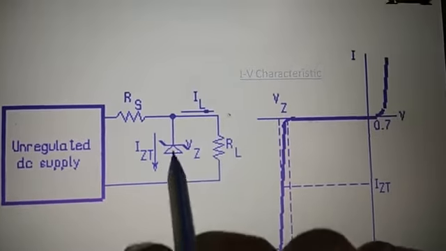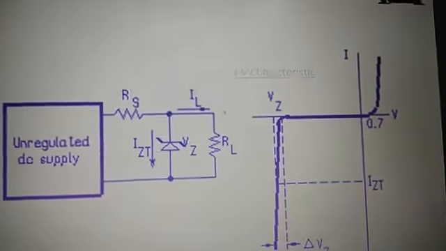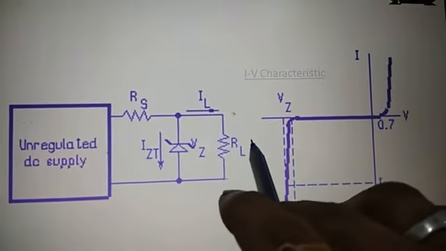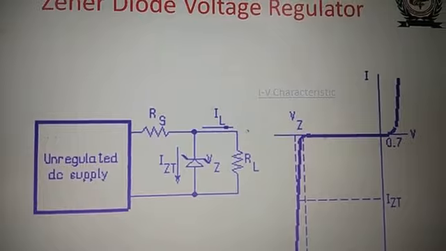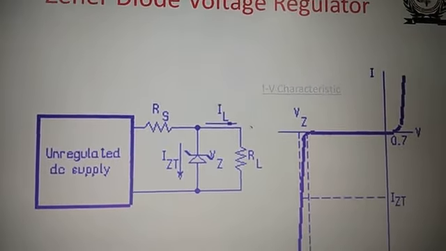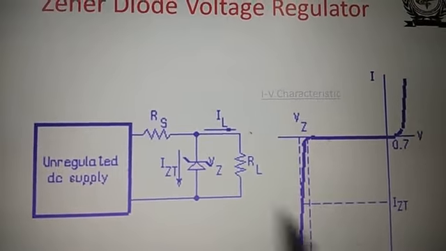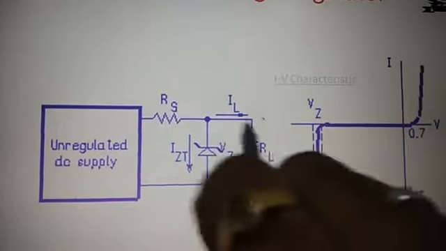So we get the output across the Zener diode as Vz constantly, irrespective of changes in the line voltage or the load current.